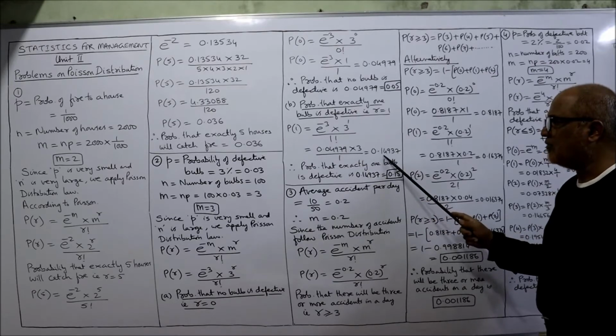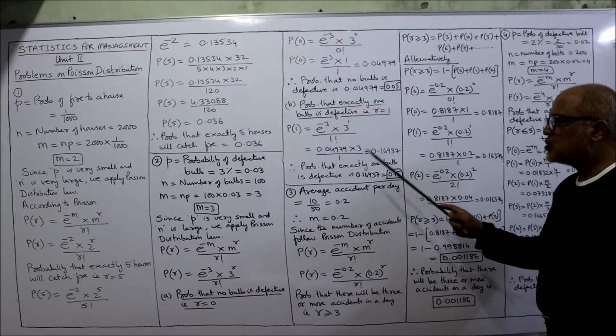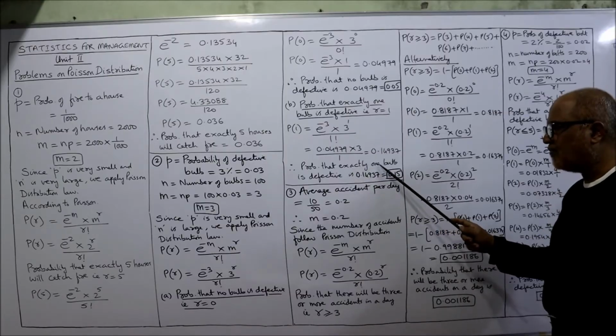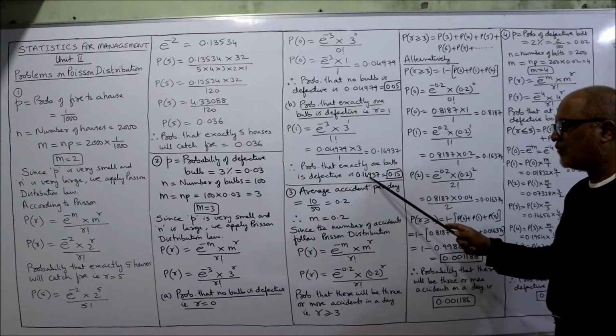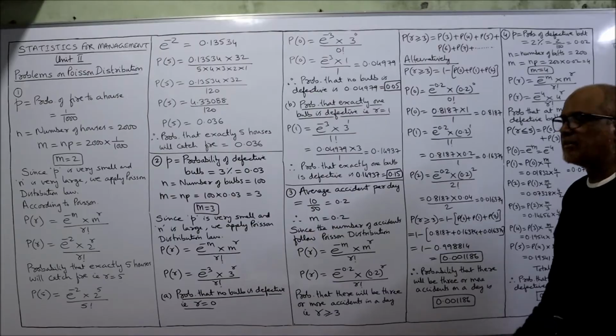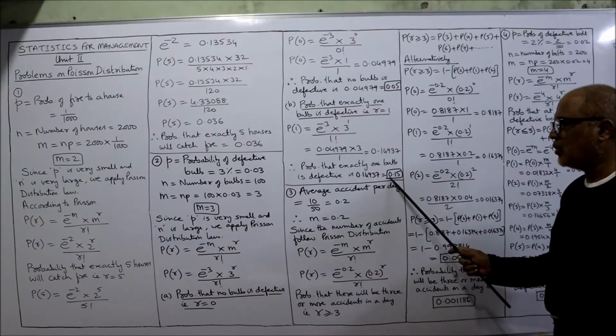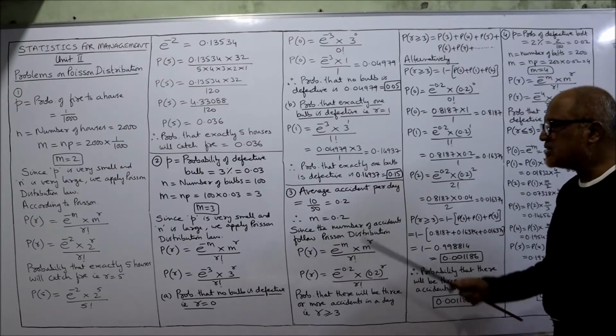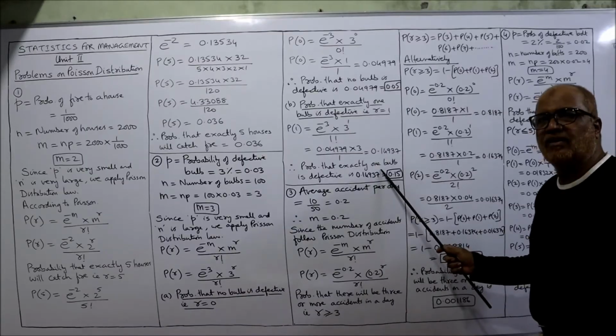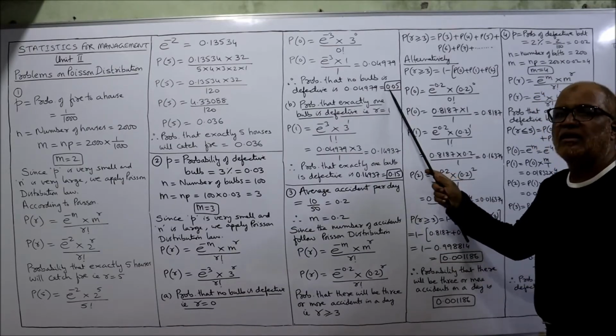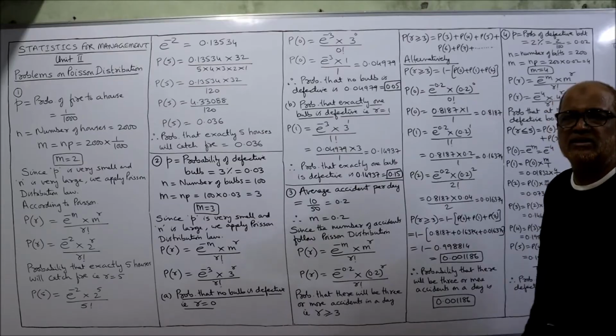If you solve, you will get 0.14937. So the probability that exactly one bulb is defective is 0.14937, rounded off to 0.15. This is the probability that one bulb is defective, and the earlier one is the probability that no bulb is defective.